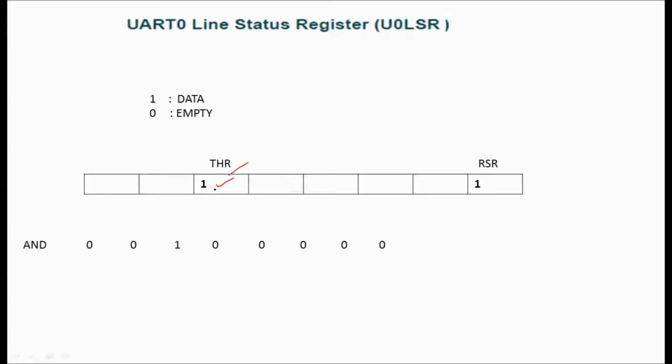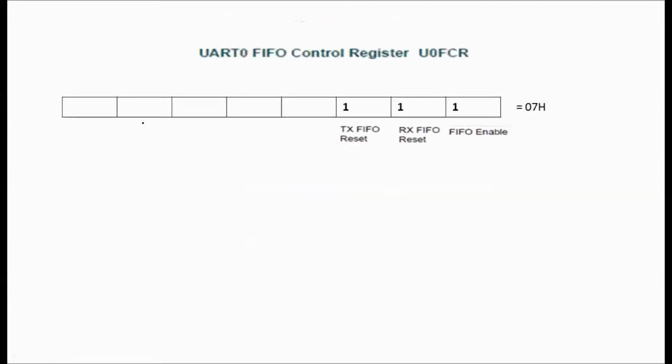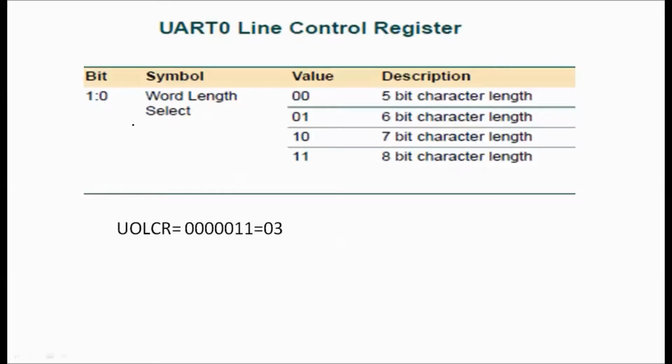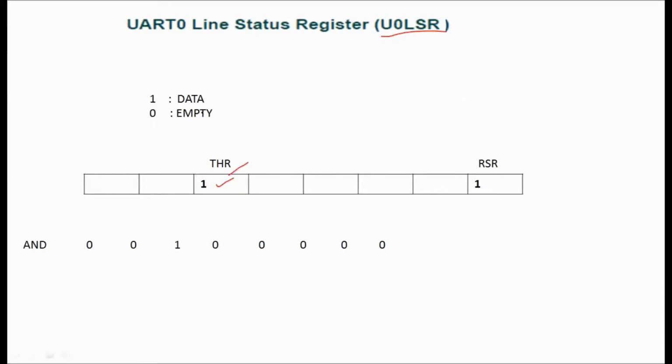If it is 0, that means data is transmitting, but if it is 1, that means data transmission is completed. So in the program, we have to read the line status register, and we'll check whether this bit is 1 or not.